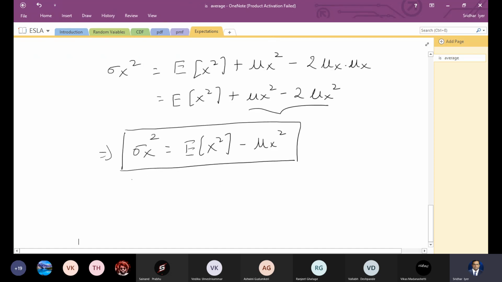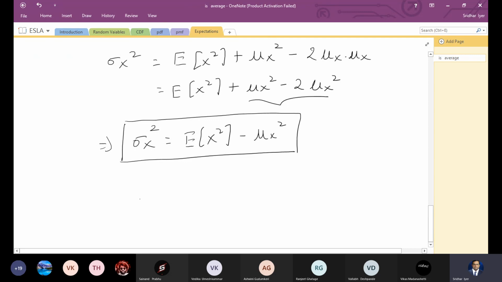What will be useful for us sometimes in the numericals is writing this equation in another form. The other form would be just bringing the terms to the left hand side and right hand side. So E of x square, that is the second moment, is nothing but sigma x square plus mu x square.